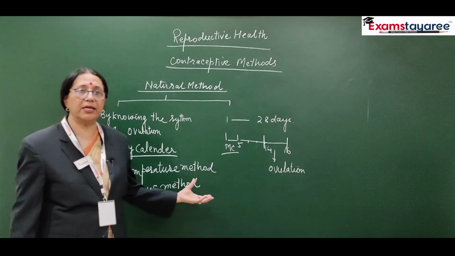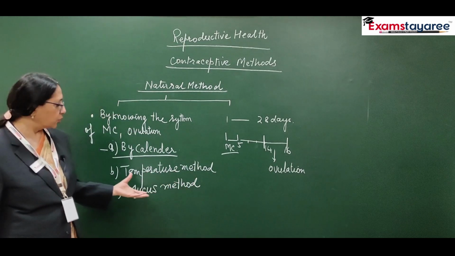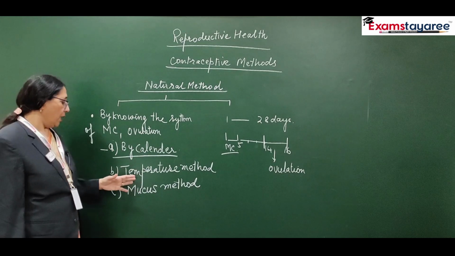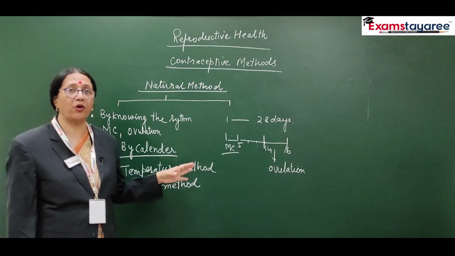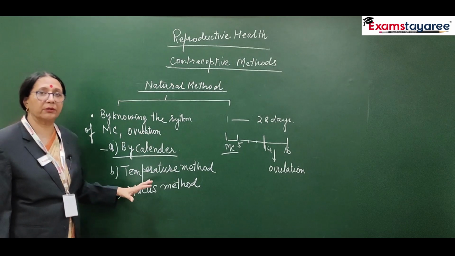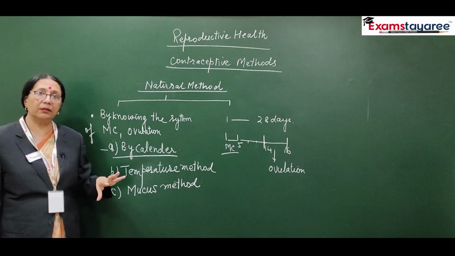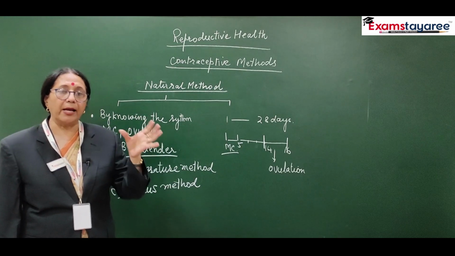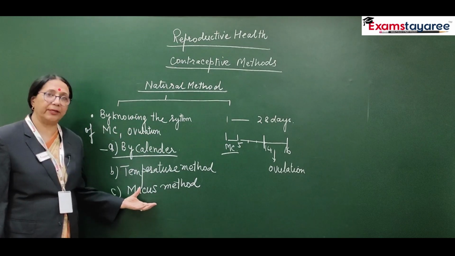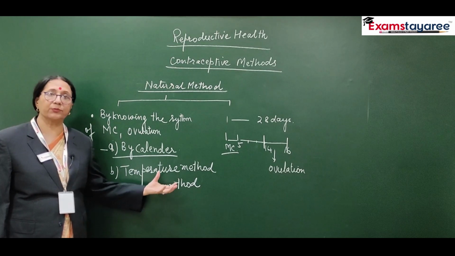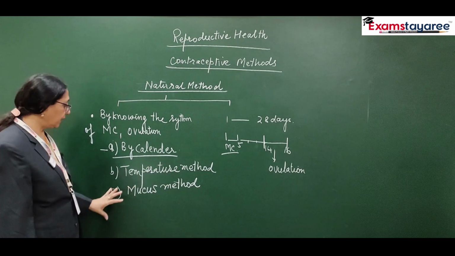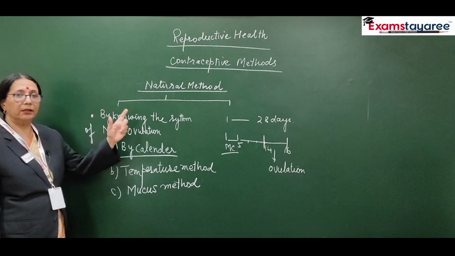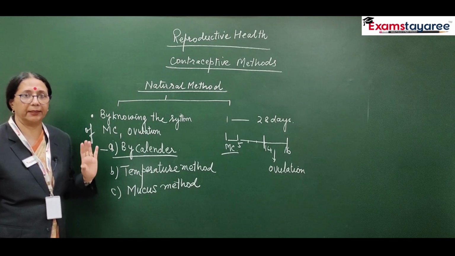Now, the mucus is released from the vagina normally so that the vagina may be lubricated and wet. But during the days of ovulation, the mucus secreted is thinner and is more in quantity. So, by understanding on which days the mucus is thinner, she can avoid sex, and that way she can be away from pregnancy.